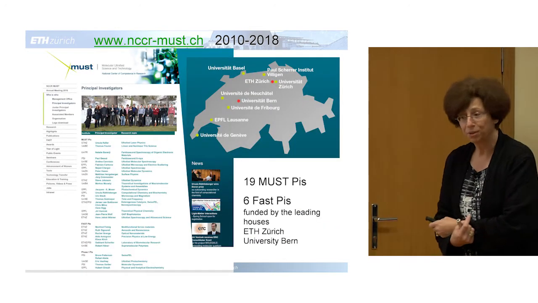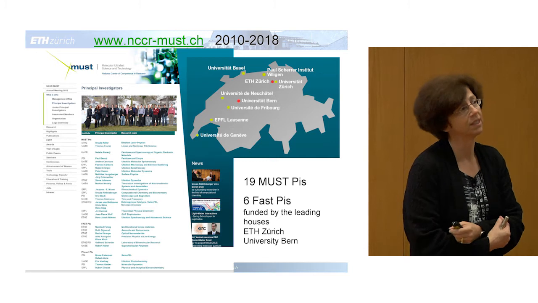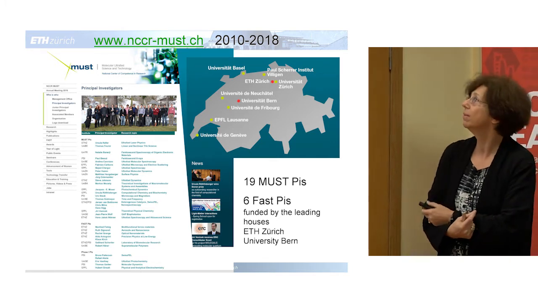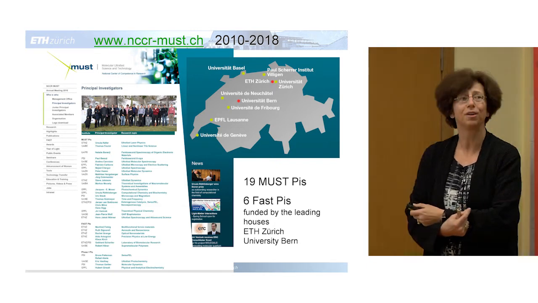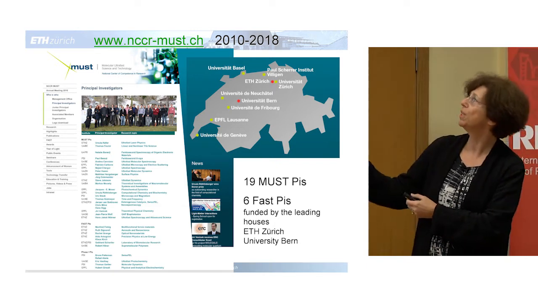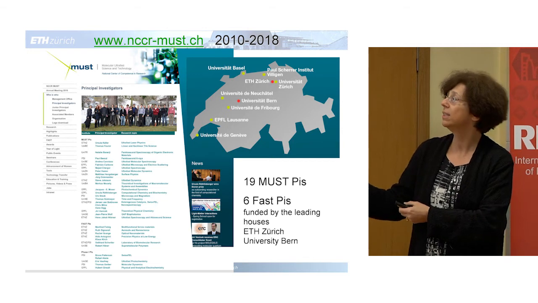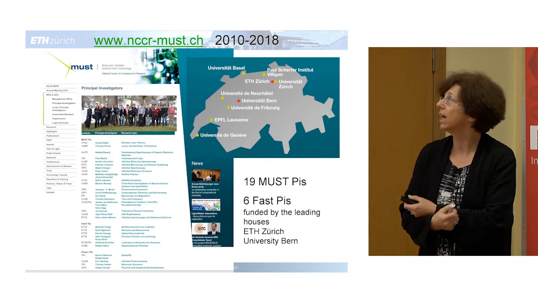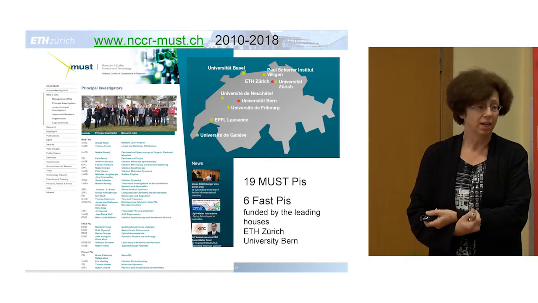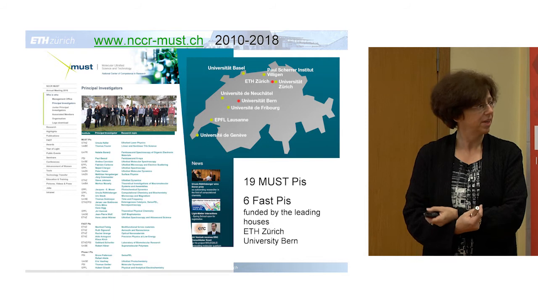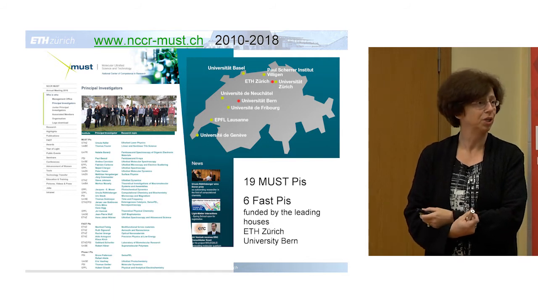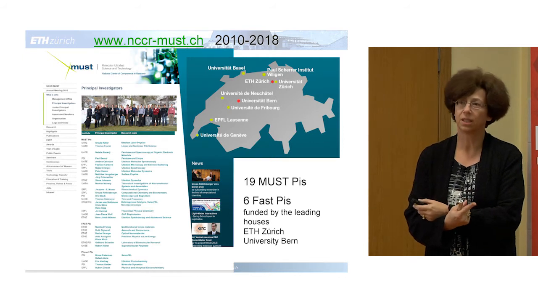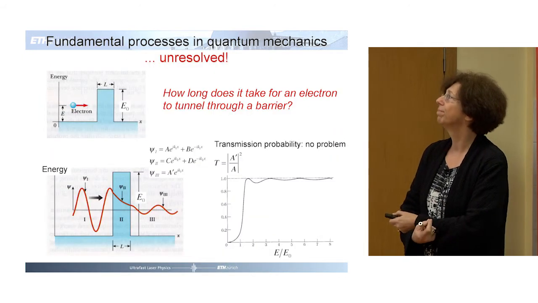This was also a reason why we got a national center of competence in Switzerland, MUST, Molecular Ultrafast Science and Technology, because we got together 19 PIs all over Switzerland, 6 additional PIs at the leading house at ETH and Bern, to address all these questions that I was talking about in an interdisciplinary fashion, going from physics, chemistry, and biology.